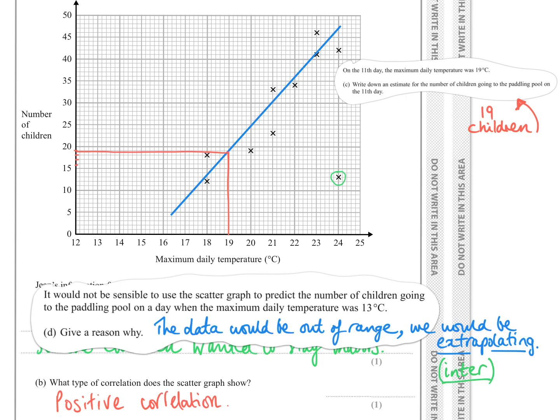But if you're extrapolating, it means you're looking outside the range of what you have. So you don't want to be extrapolating here in this instance, because I think if you carried on here, you'd end up getting a negative amount of children, which I guess is another thing you could say. Whether that would be acceptable or not, probably would be. Okay, so that's that question done.